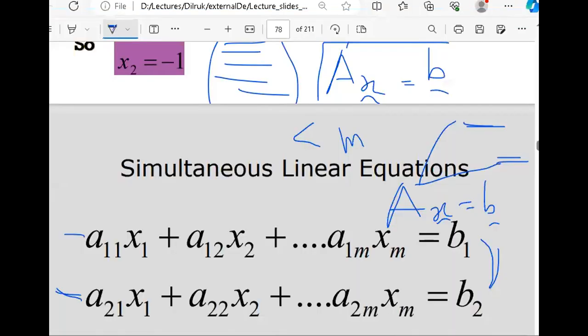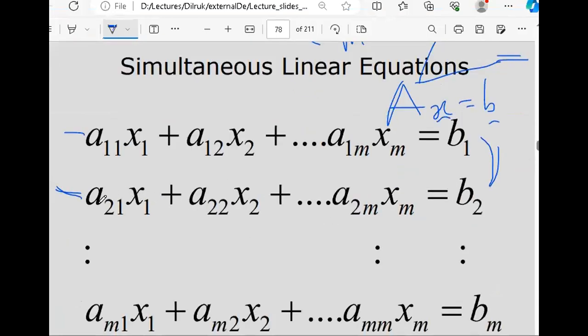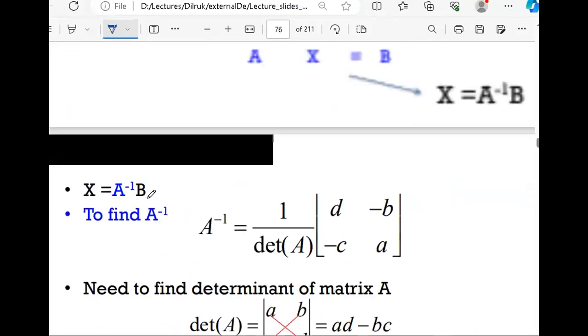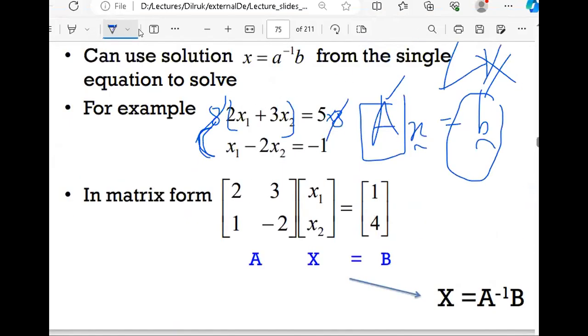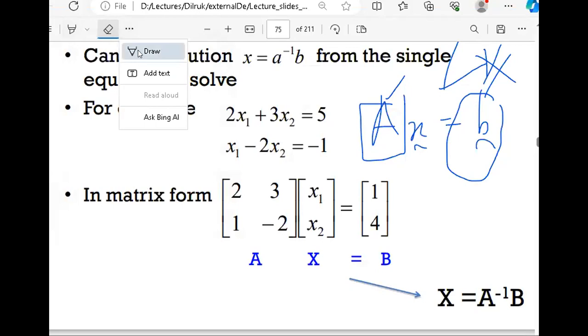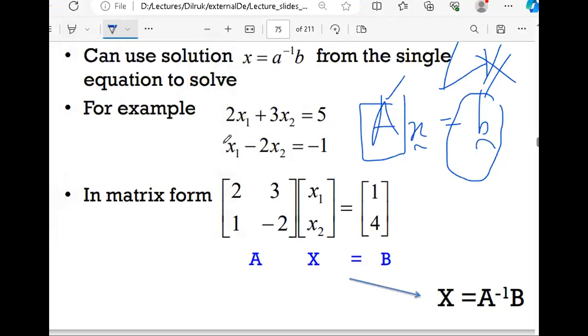If you want to get rid of this X1, you multiply the second row, the entire row, by -2.